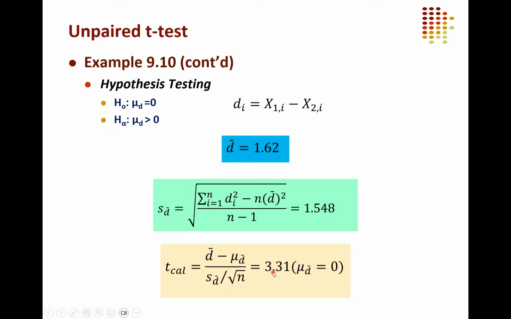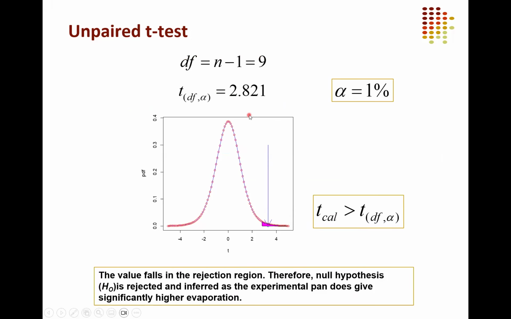And if we look for the ideal value, for 9 degrees of freedom at 1% level of significance, the ideal value is 2.821. So the significance level has been identified in the upper tail, and the observed value falls in the significance level.